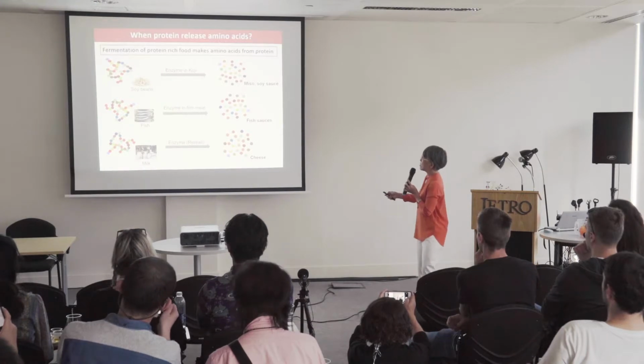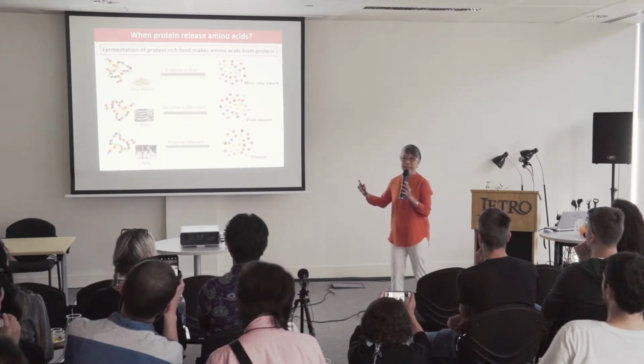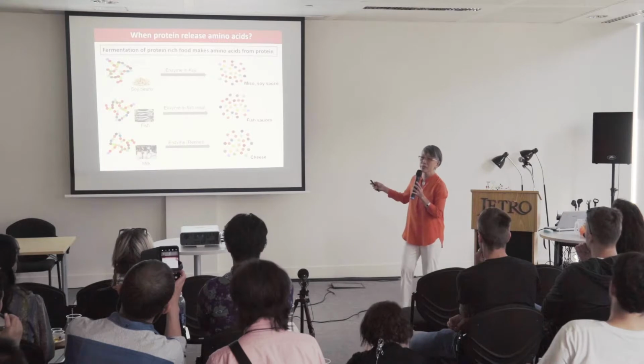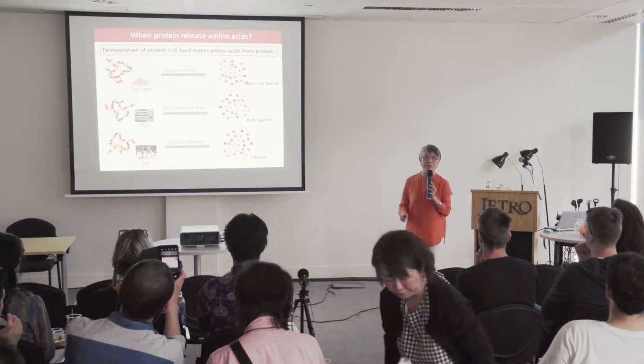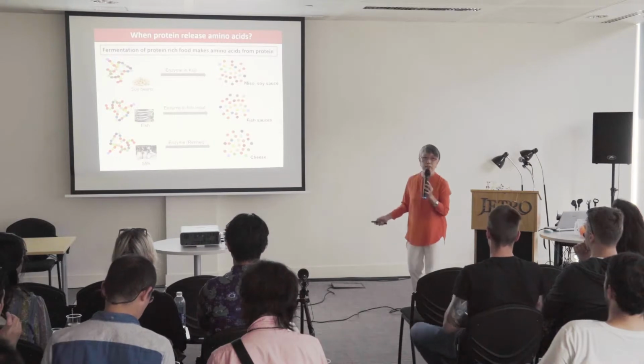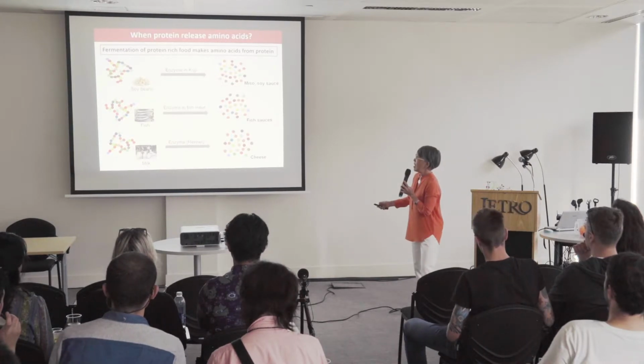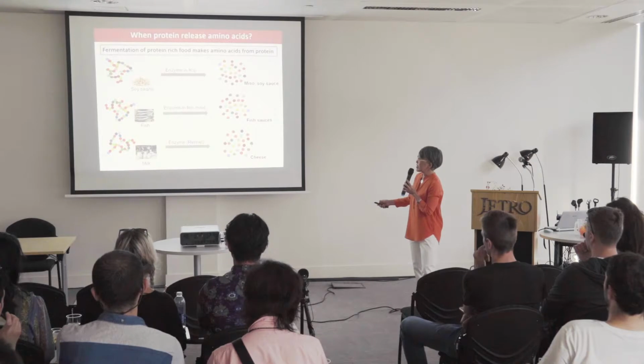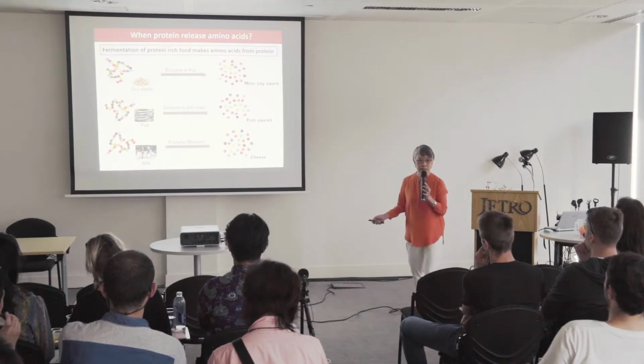That's why miso or soy sauce has taste, and glutamate is the most abundant amino acid, so glutamate is very rich in miso and soy sauce. The second way is enzymes in fish meat.